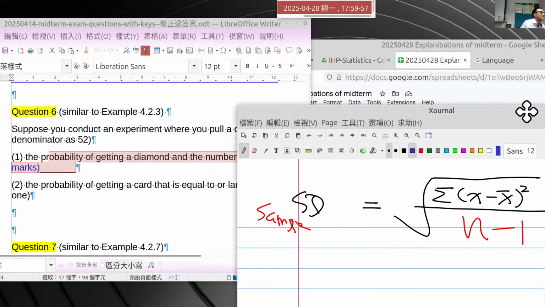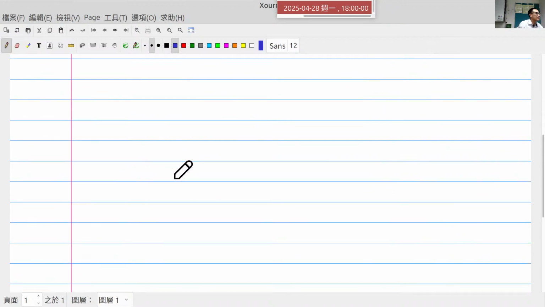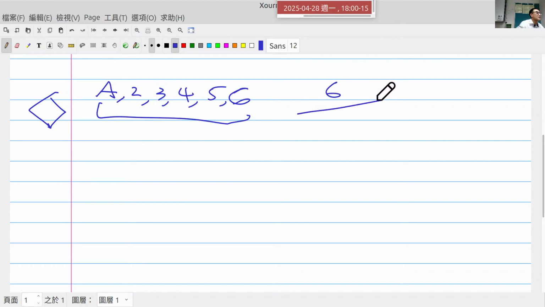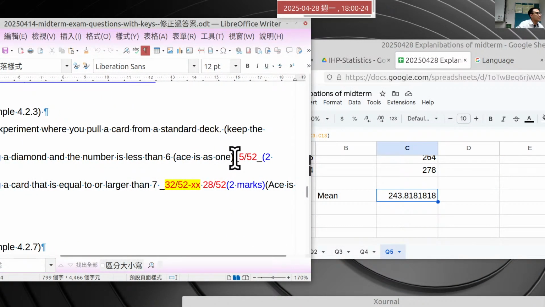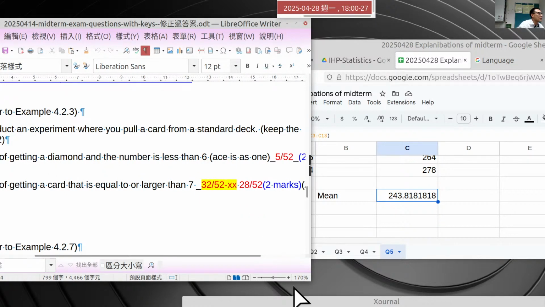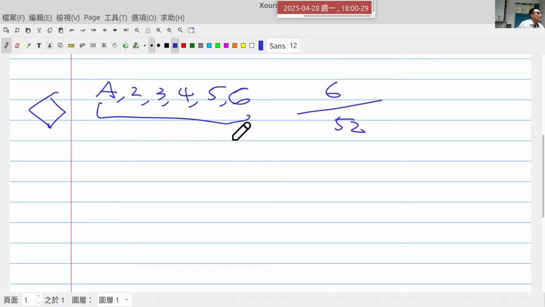A diamond less than 6, there will be Ace, 2, 3, 4, and 5. There are 5 numbers. Sorry, I'm wrong, not 7. 5 over 52. Here is the answer.